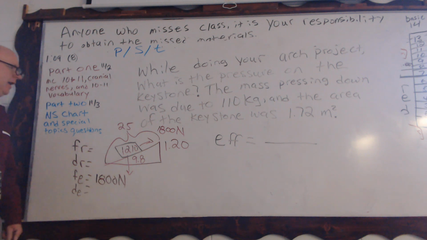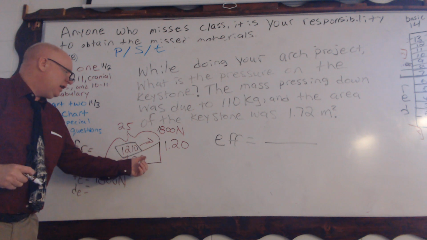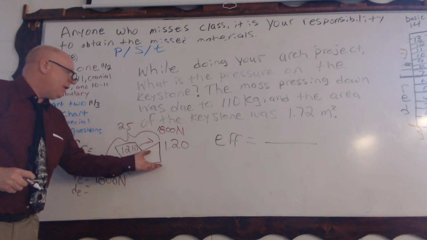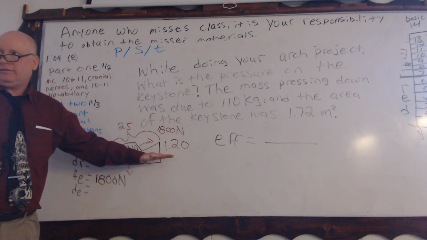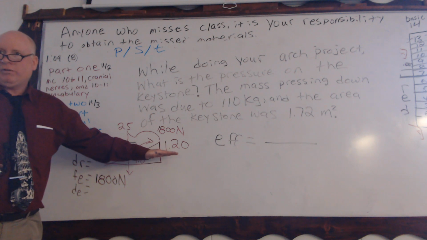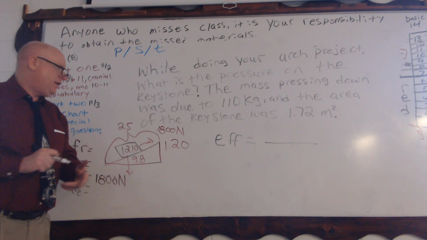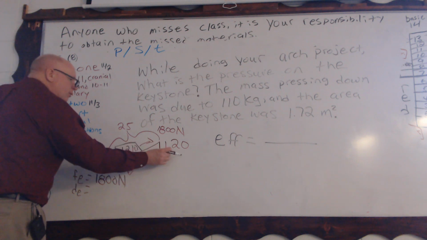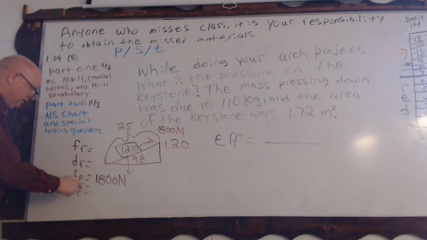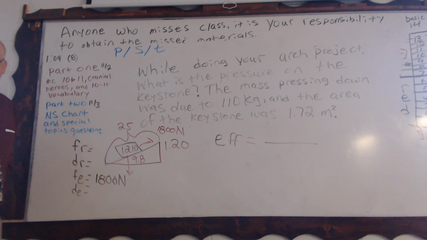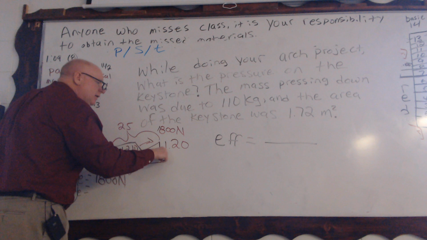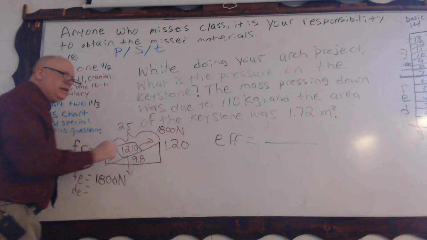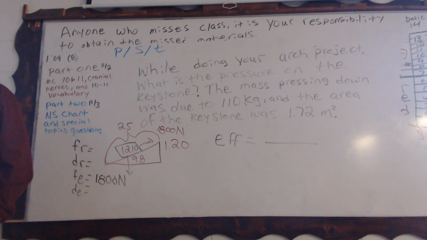Okay? Now, because of gravity here, the height of that ramp, gravity is pulling down on that because of the height, okay? So that's providing a resistance for that. So with that, if this is providing resistance, is that a resistance distance or an effort distance? Okay, because of gravity pulling down on that, and that's causing a resistance, is that a resistance distance or an effort distance?